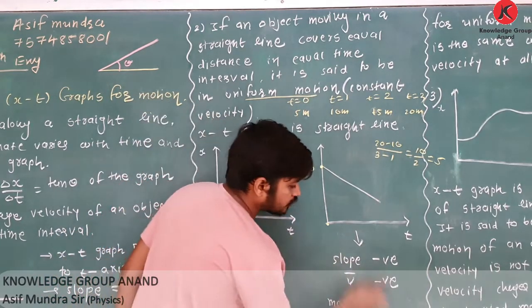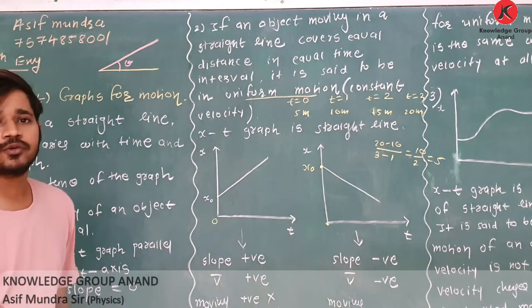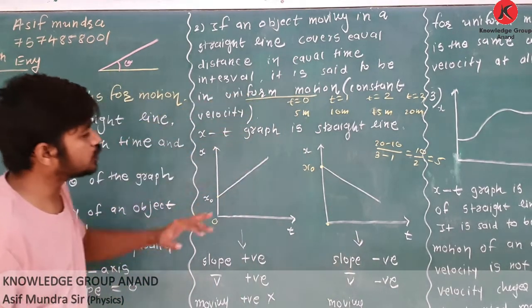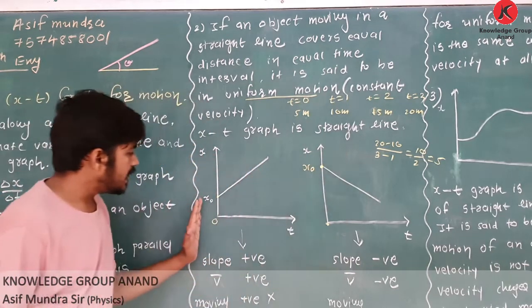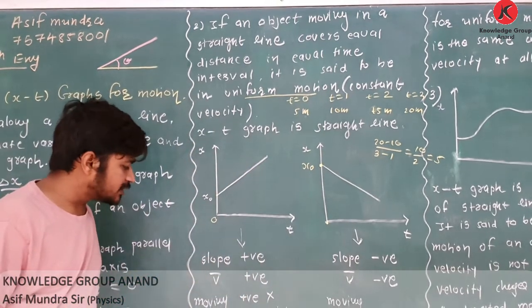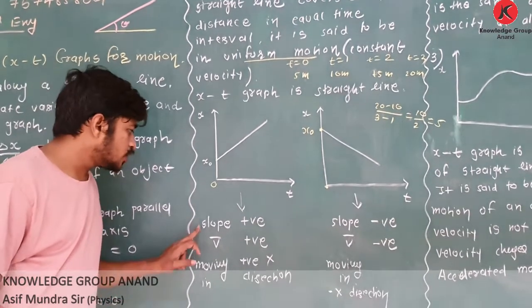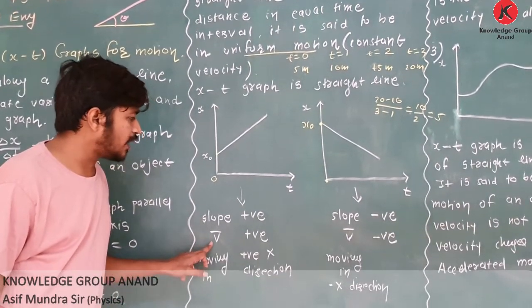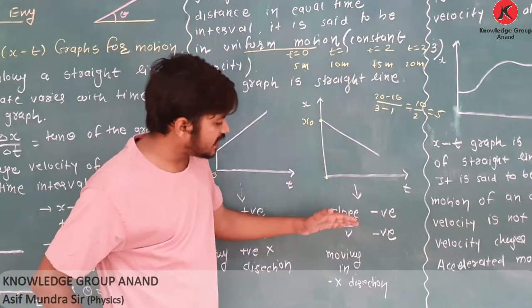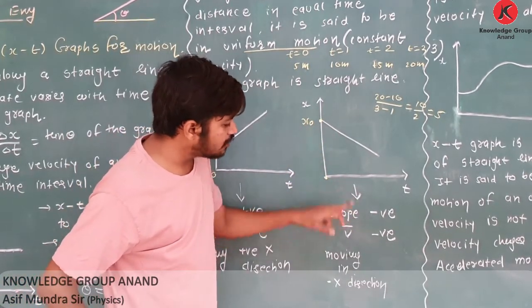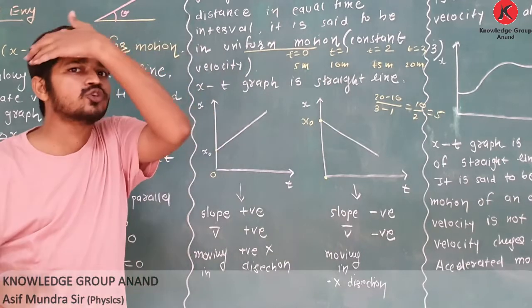So its average velocity is also negative. In the first case, the object moves in positive x direction, slope is positive, average velocity is positive. In the second case, the object moves in negative x direction, slope is negative, and average velocity is also negative.